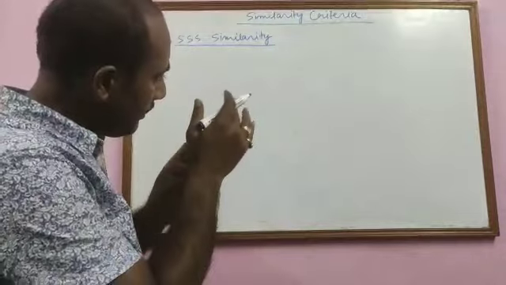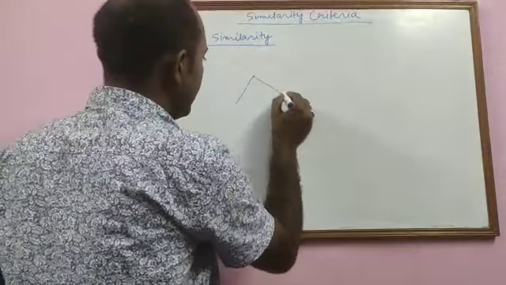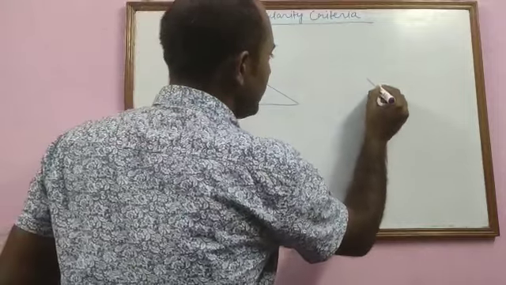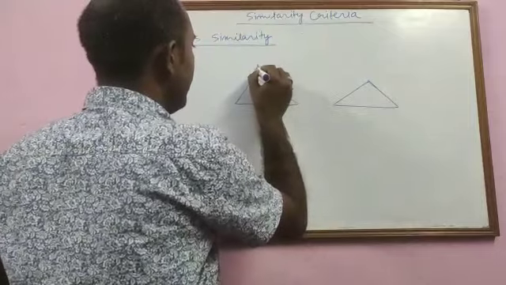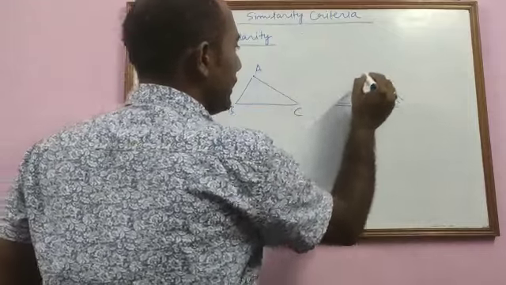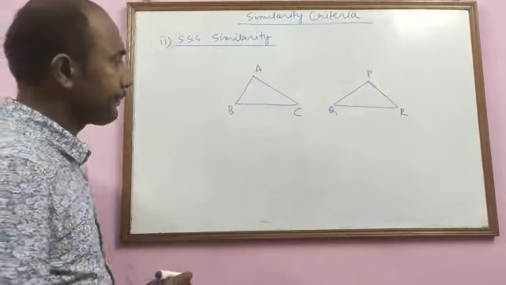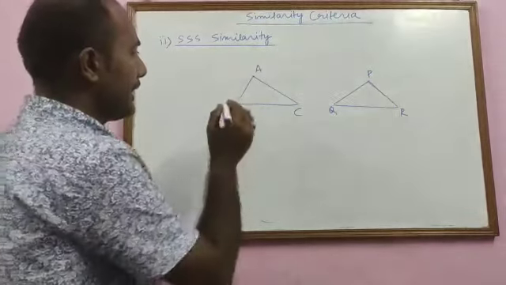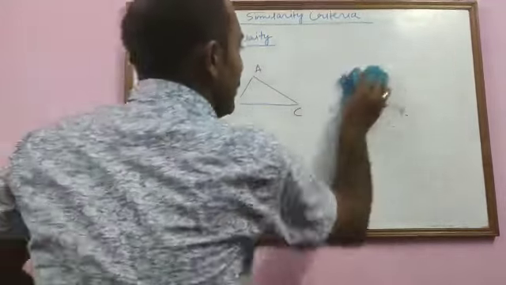Now here I will change the diagram a little bit. Let us take this figure, and this time let me change the figure and I'll take it this way. Let me name it as ABC and this one as PQR.